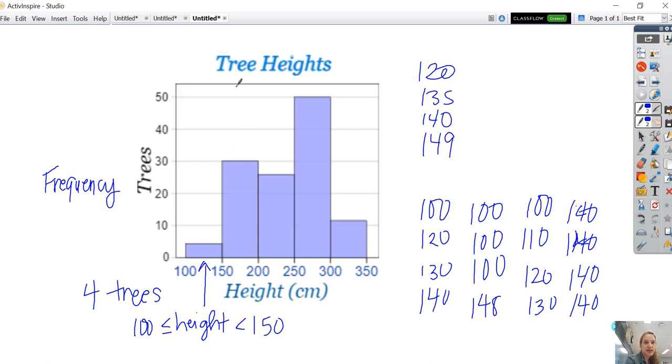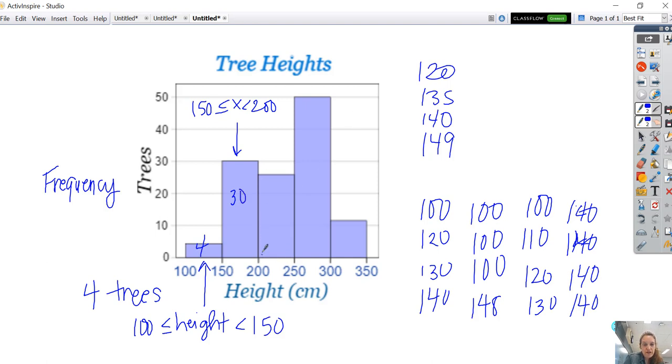So this second bin is the heights of trees that are greater than or equal to 150, but less than 200. So there's 30 trees that have a height between 150 and 200. So there's 4 trees in this bin, 30 trees in this bin.